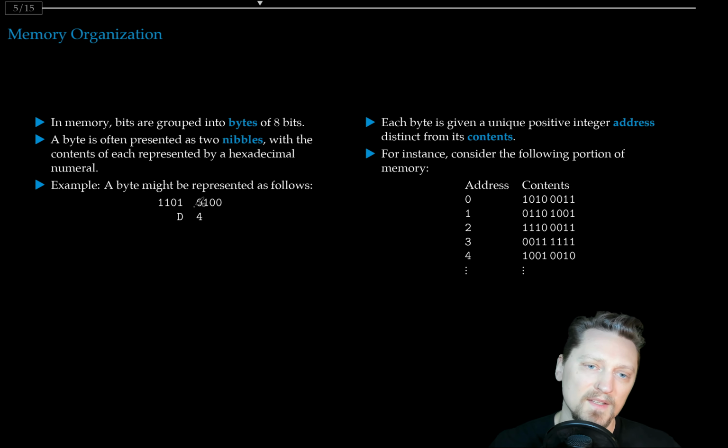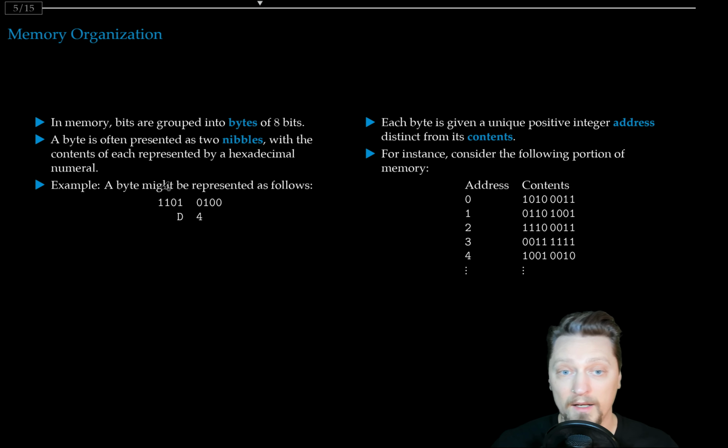We have this space in the middle, so we see 2 nibbles of 4 bits, and we can represent them either by the binary numbers, as we do in the top row, or by the hexadecimal numbers, D4, which would be more common. Hexadecimal is used in part because it's so easy to represent bytes like this. Each byte is given a unique positive integer address distinct from its contents.